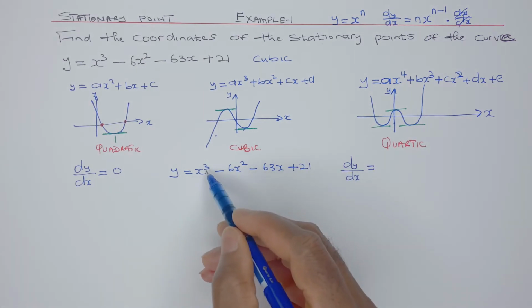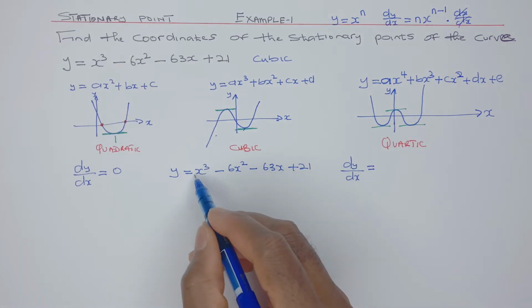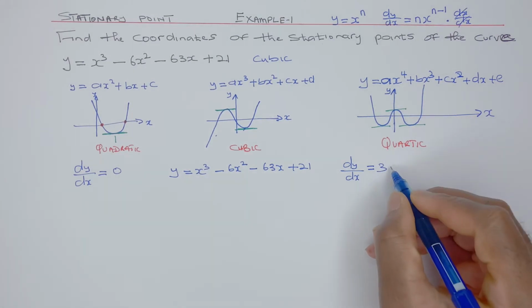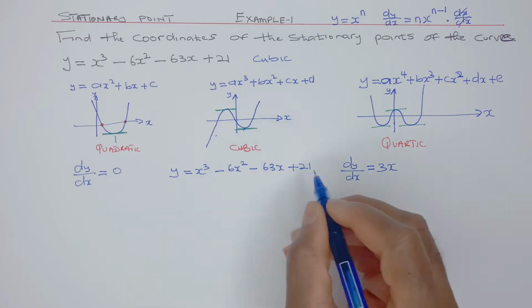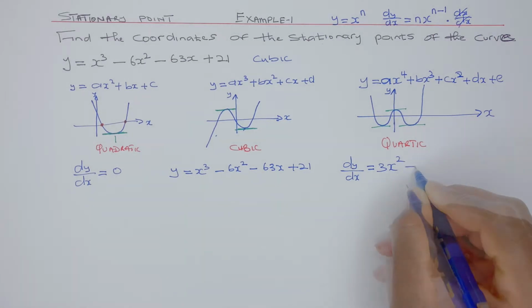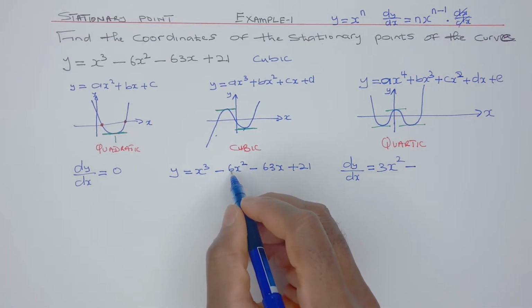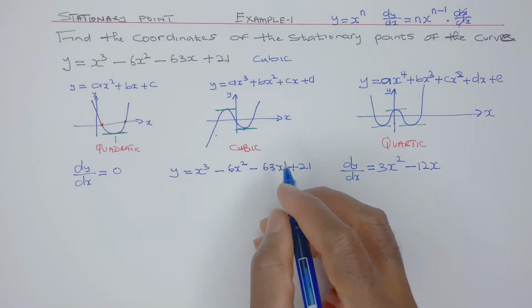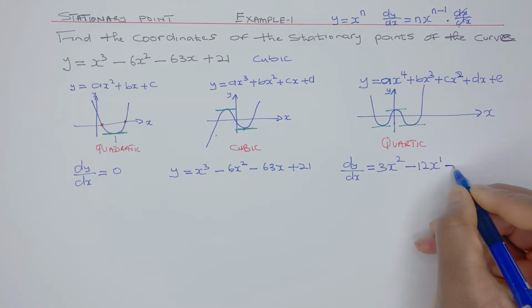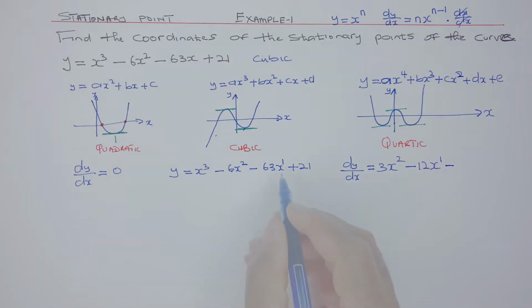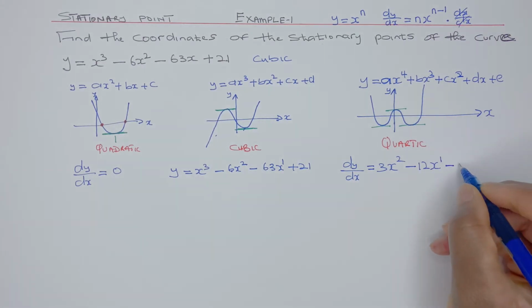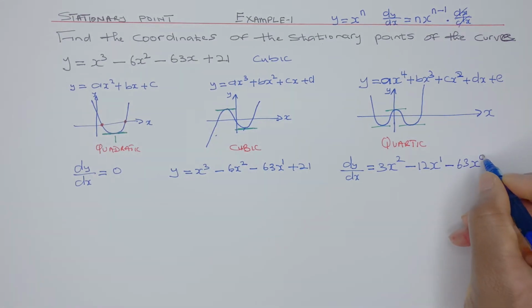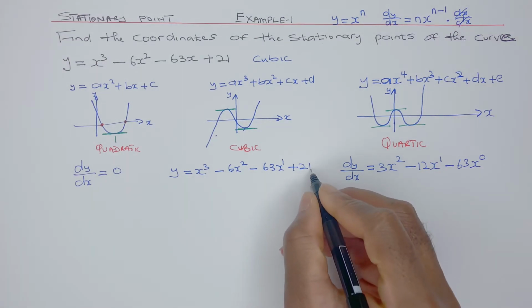In this case, n is 3, so that'll be 3 times 1, x to the power 3 minus 1, which is x squared, minus 2 times 6, 12, x to the power 2 minus 1, x to the power 1, minus 1 times 63, so that'll be 63, x to the power 1 minus 1, which is 0. The constant also has a variable.